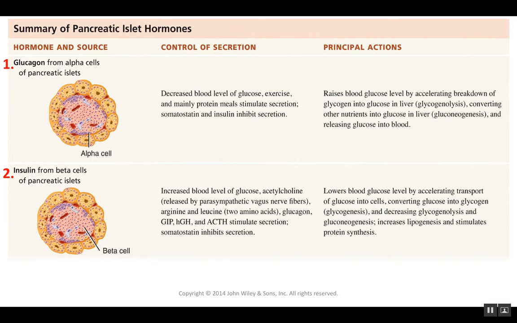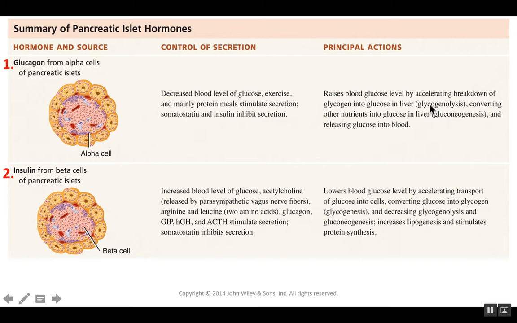It can break down stored glucose, which is known as glycogen. So glycogen is a polysaccharide that is broken down into glucose, which is a monosaccharide. This process is called glycogenolysis, breaking glycogen down.